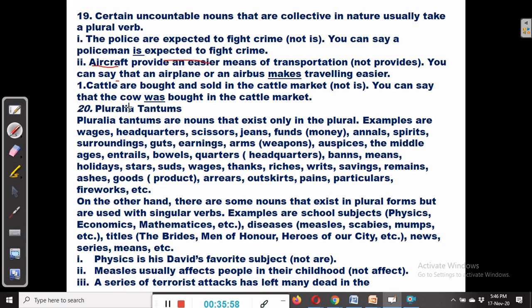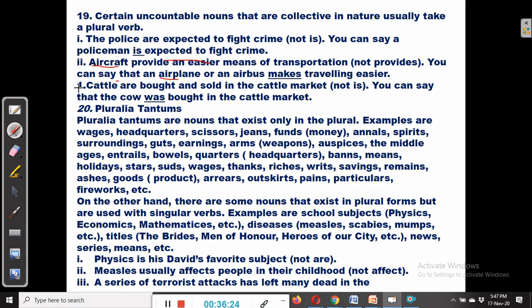All right, so you can say an airplane or an airbus makes traveling easier. So you can singularize it by saying an airplane.